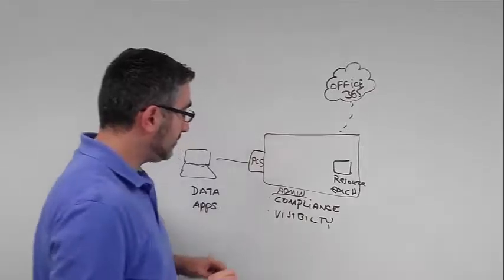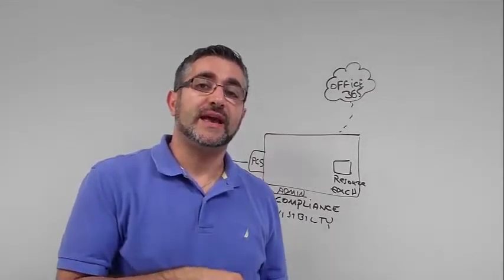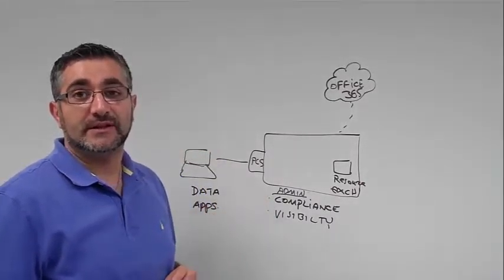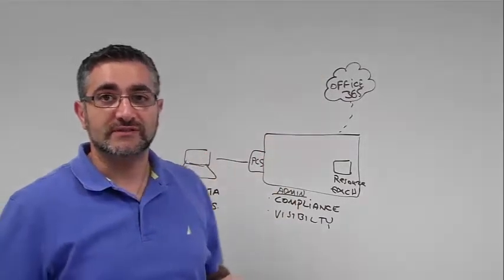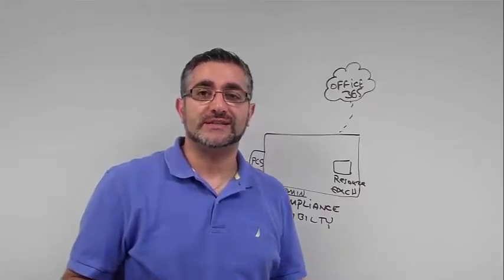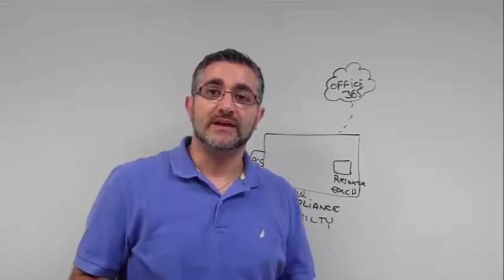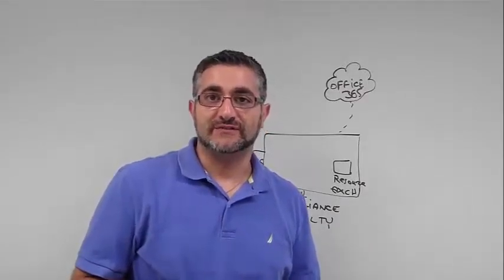But one of the things that was kind of missing for the end user, or for the admin, is that compliance and visibility kind of goes away. They would have to go and check who's connecting to Office 365. The compliance is a little bit difficult to do there. There's really no way to set up any host checking, host scanning, posture assessment. Anybody from any device can connect to Office 365.